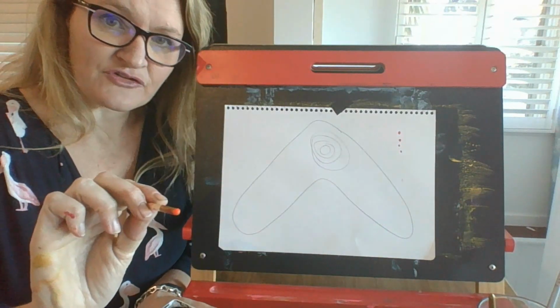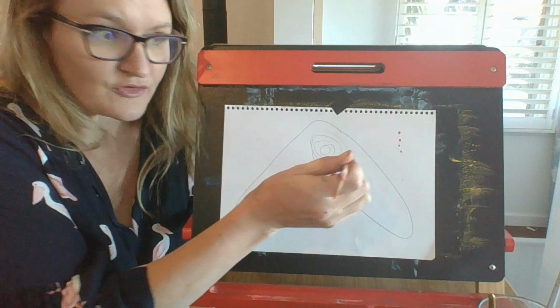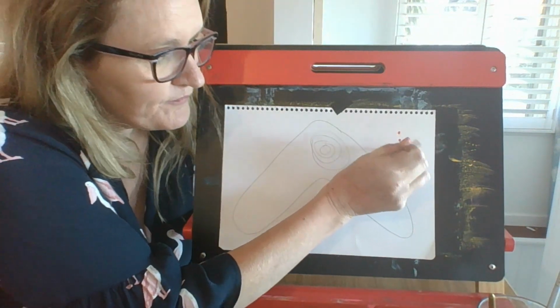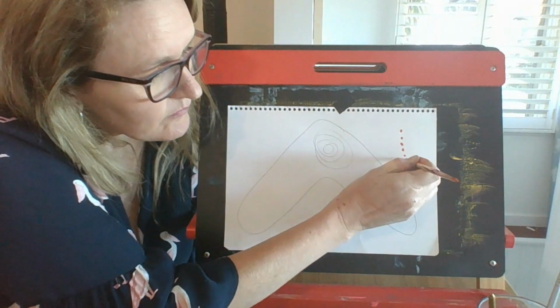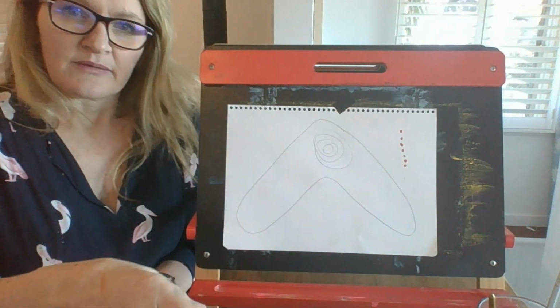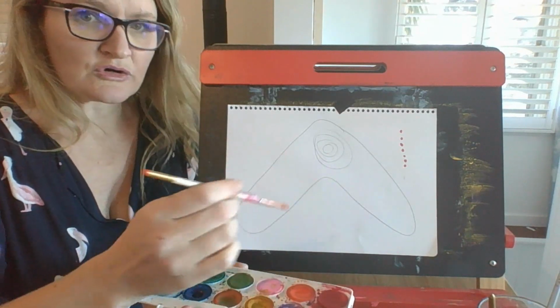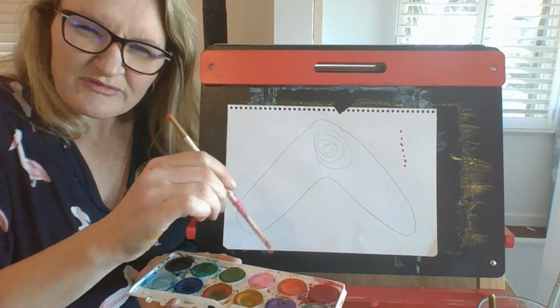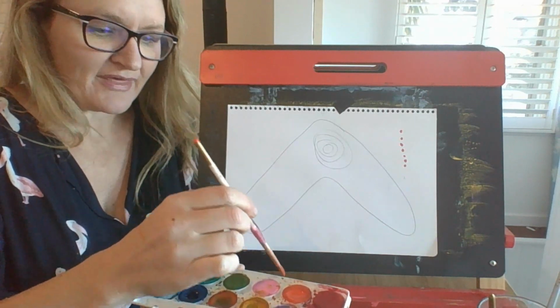And you can see that the dots will get smaller as the colour comes off the end of the brush. So as your watercolour palette becomes dry, add more water and make a real little puddle, almost like a clay puddle in your watercolour palette there.